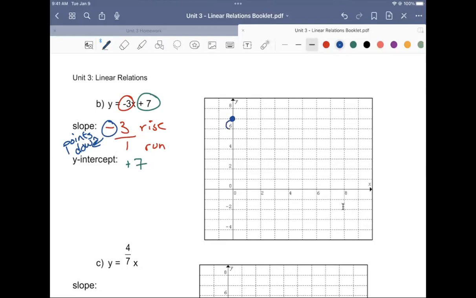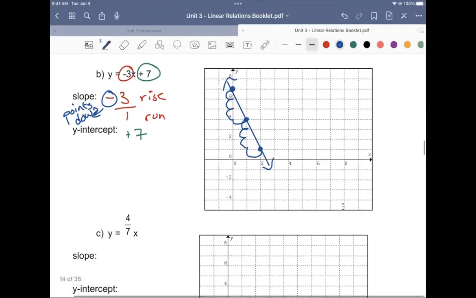Then I'm going to go down 1, 2, 3 because it's a negative value over 1. So our next point is here. Draw a line through them. This is going to be a terrible line. Let me retry that. Awesome. Draw my arrows and I'm done.